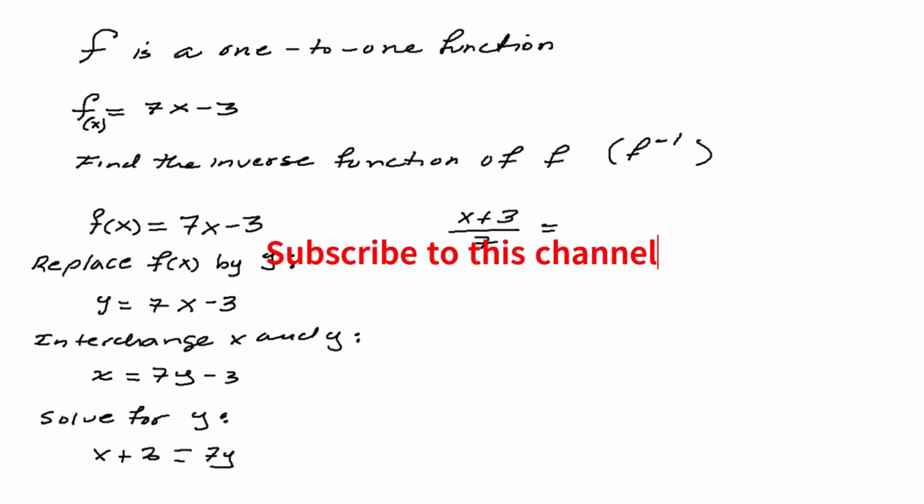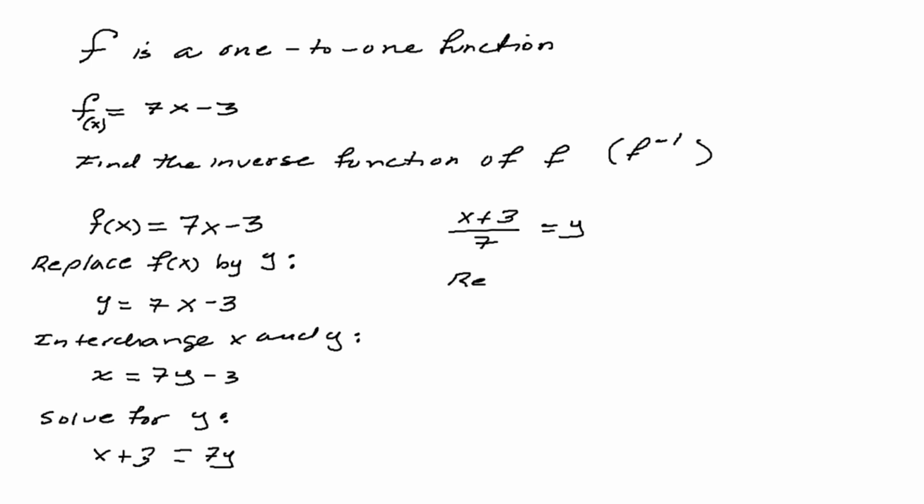Now, let me just quickly fix this number here. Now, we're going to do the last step, where we replace y by the inverse function of f. So we can say that the inverse function of f of x is x plus 3 over 7.